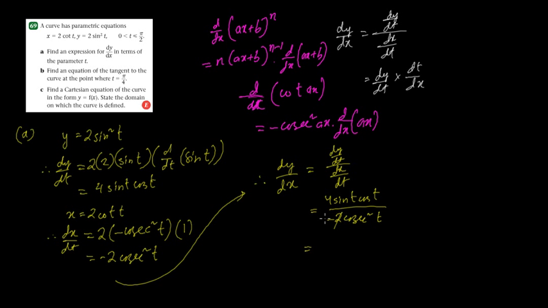So the 2 and the 4 cancel, leaving minus 2. We have sine t, we have cos t, and this cosec squared downstairs.